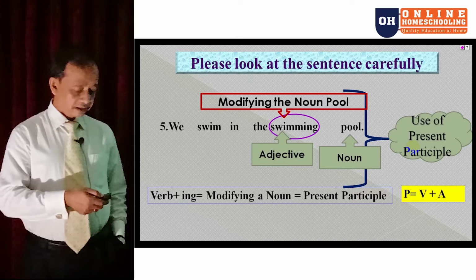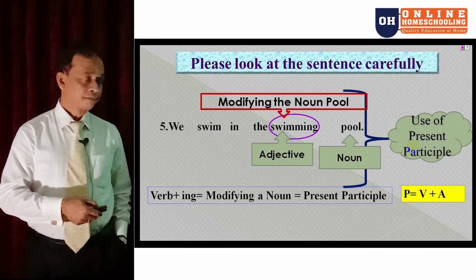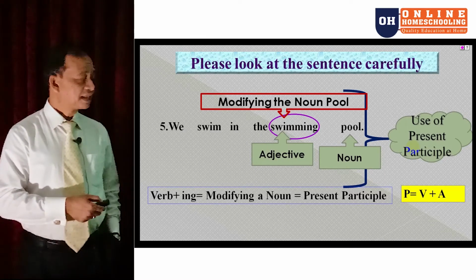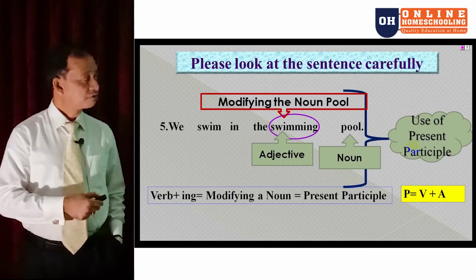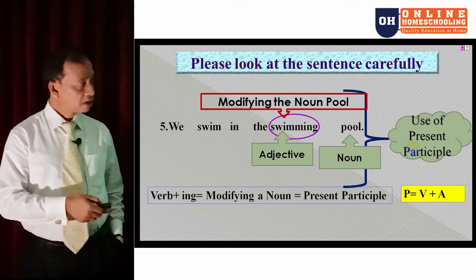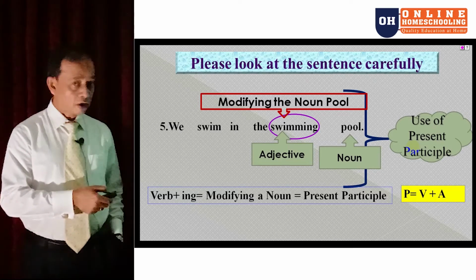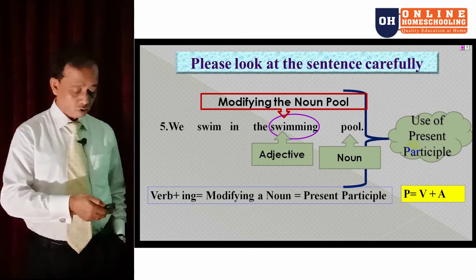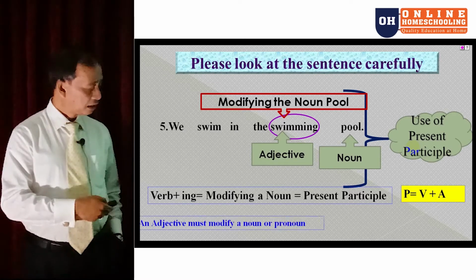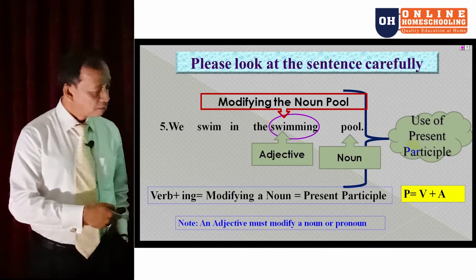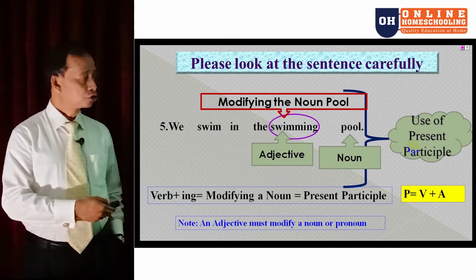And finally present participle: in that case verb plus ing must modify the noun before it or after it. Now dear students, you have to remember adjective must modify a noun. This is a common truth you know.